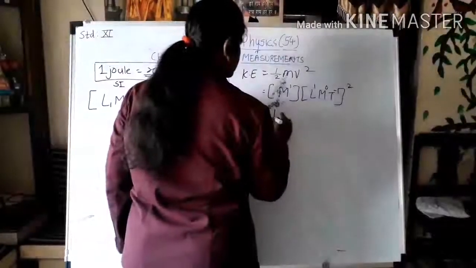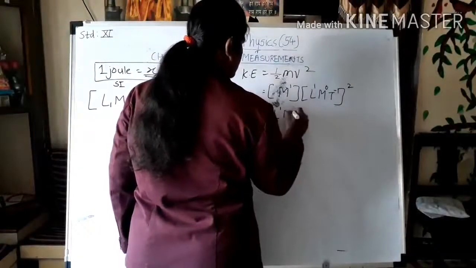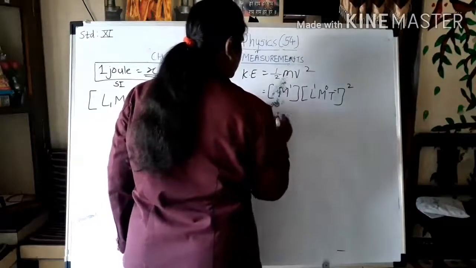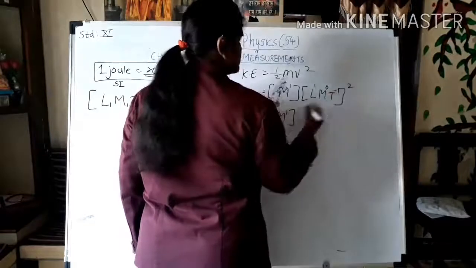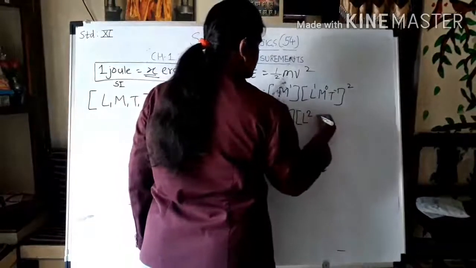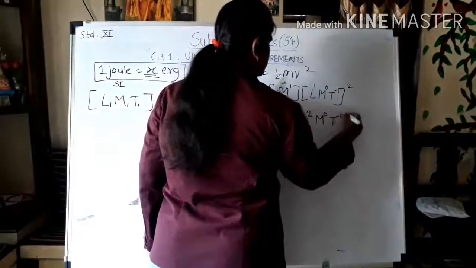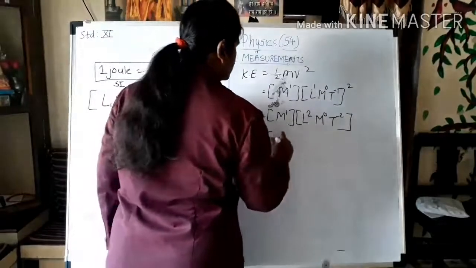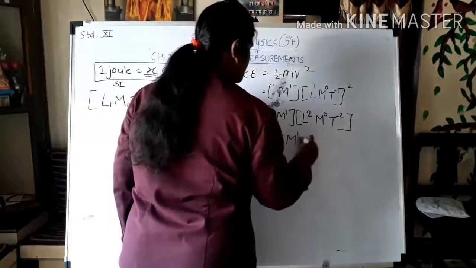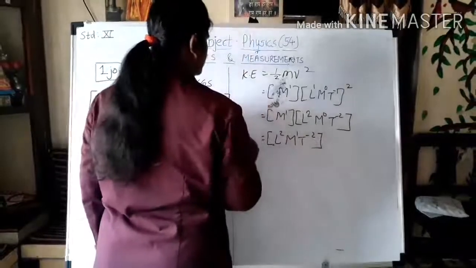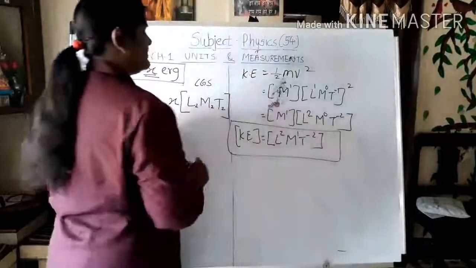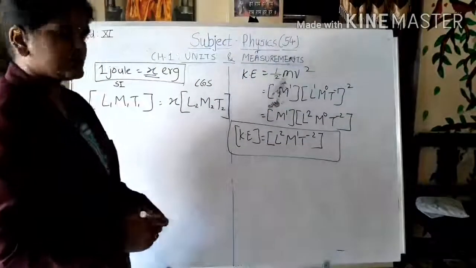So this is L2 M0 T raised to minus 2. Alright, now I can combine. So this becomes L2 M1 T raised to minus 2.